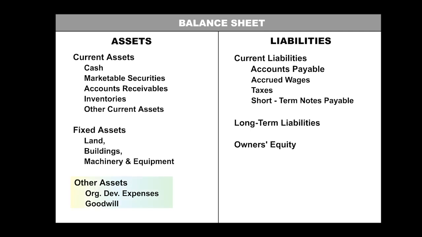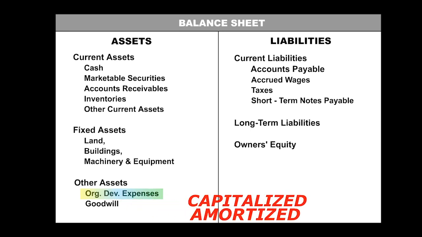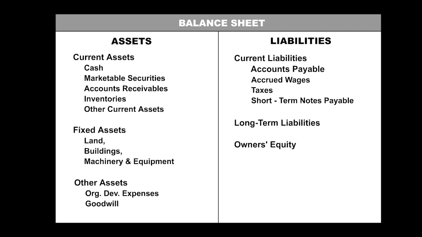The last group is composed of other assets, usually intangible, such as organizational development expenses, which are enterprise creation expenses, e.g., feasibility studies, pre-operating expenses, etc. They are capitalized or regarded as assets to be amortized, i.e., depreciated over a few years.